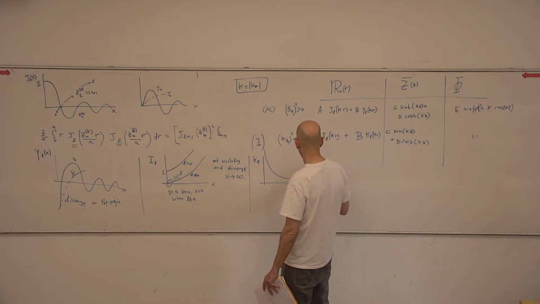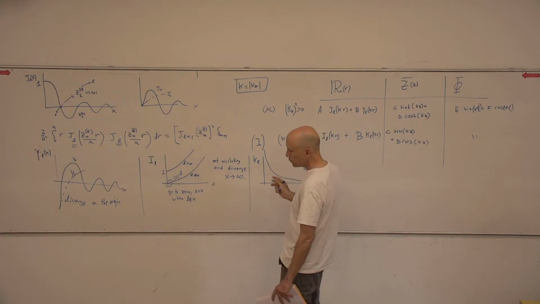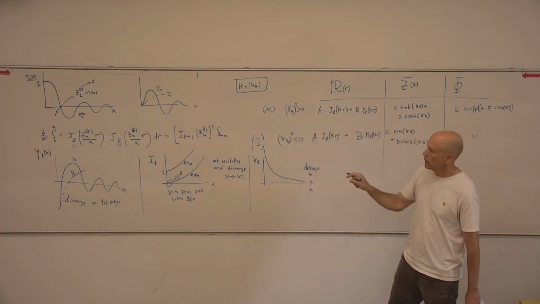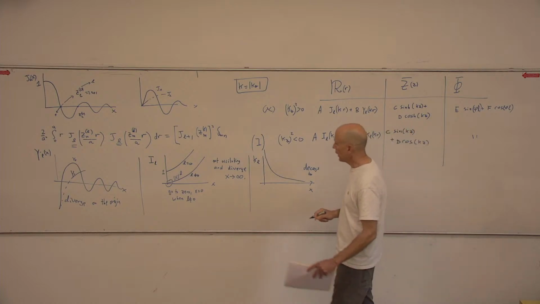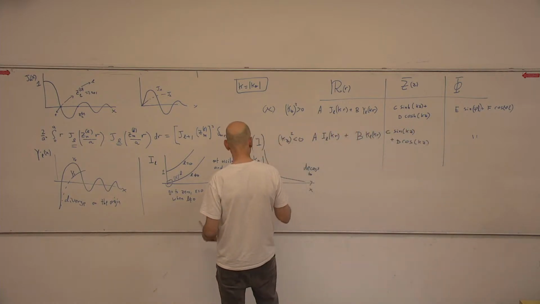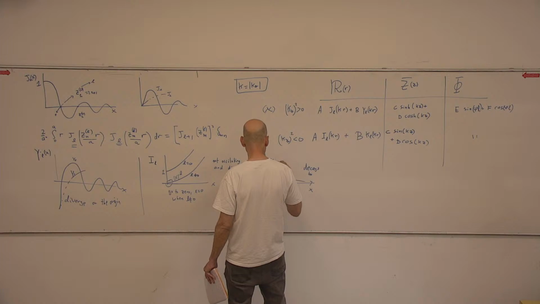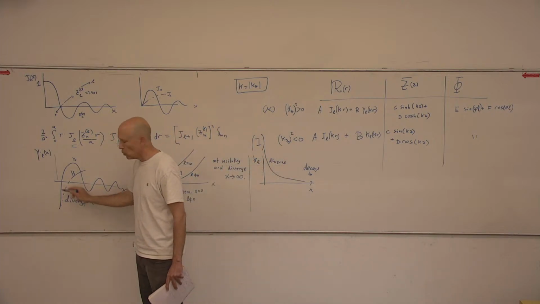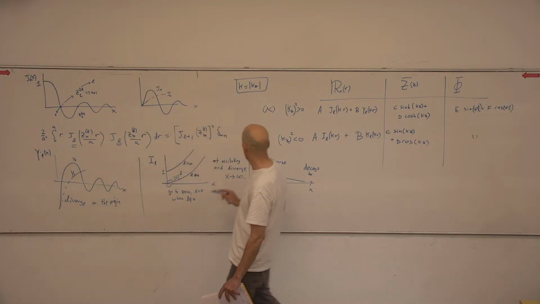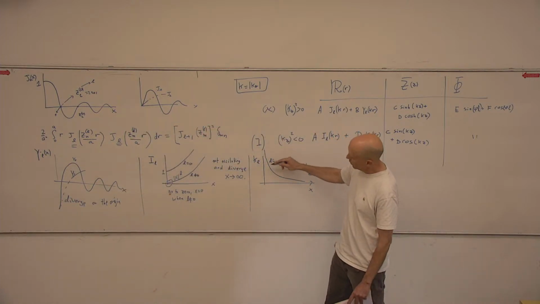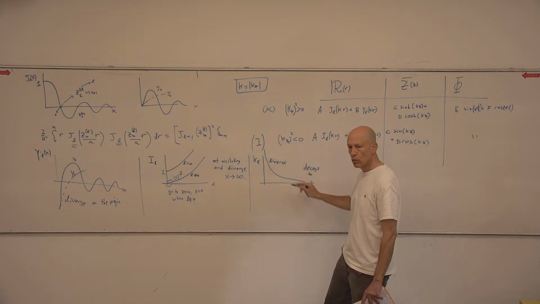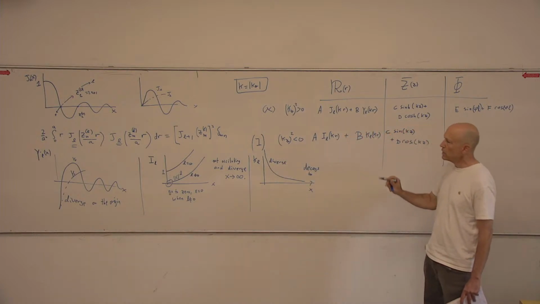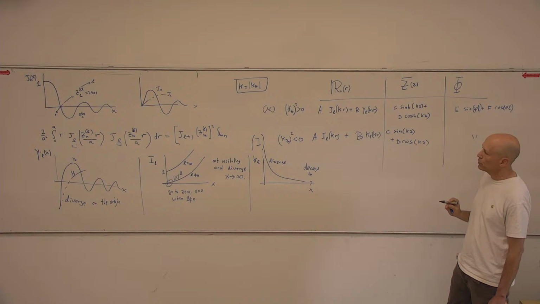This decays to 0 exponentially, like e to the minus x times some polynomial, and they diverge here. This is for every L. Like these Y's, all of them diverge and oscillate. Here, all of them diverge and do not oscillate. So this is the general picture of these things.